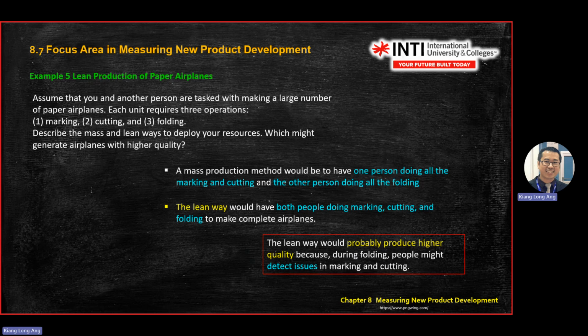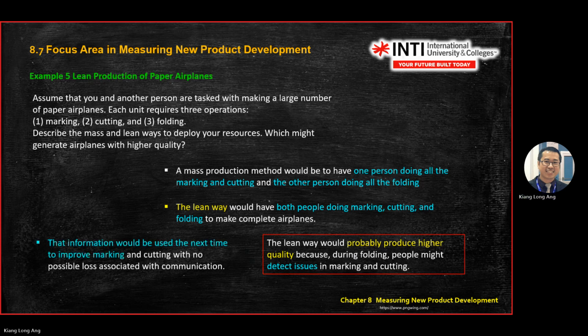It means both persons do the same process, marking, cutting, and folding at the same time. So the lean way would probably produce higher quality because during folding, people might detect issues in marking and cutting. Okay, so this is the example.